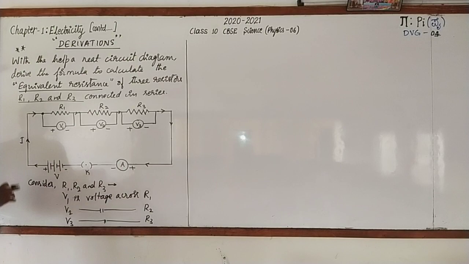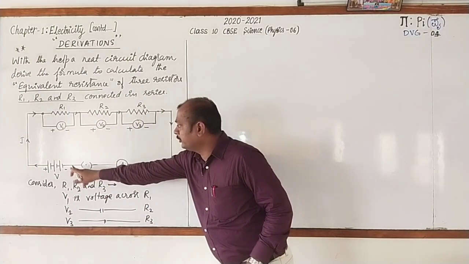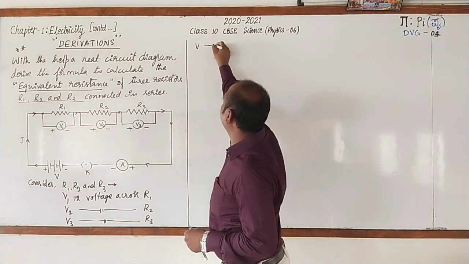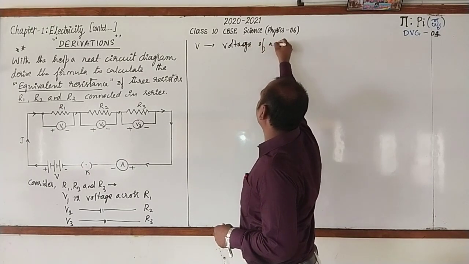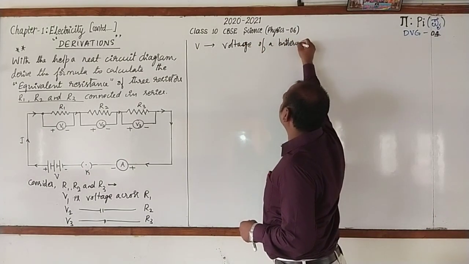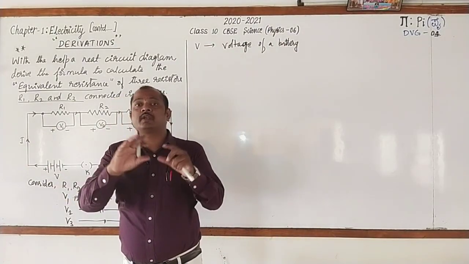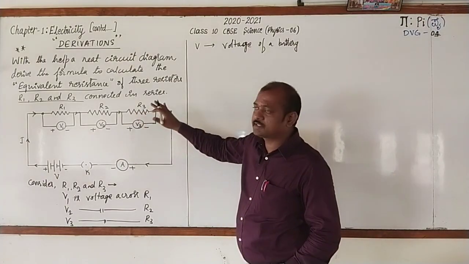Clear? Next, what is V? V represents the voltage of a battery. Here I'll write, V is voltage of a battery. Then what about I? I is the amount of current constituted after connecting these three resistors in series.